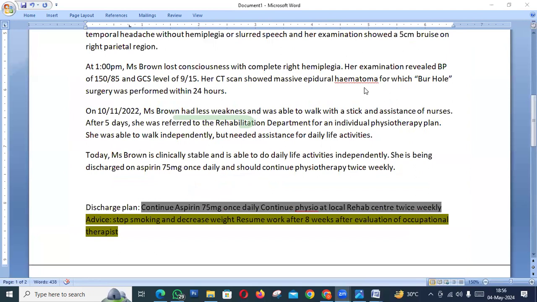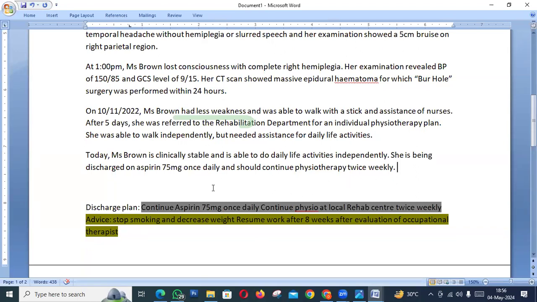Dr. Buffrin? Anyone else? Sir, we can write like that: health teaching has been given regarding smoking cessation and weight reduction. Yes, it's good, but you can use the word advised.